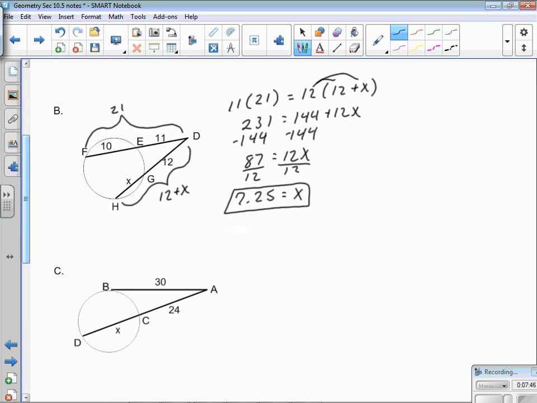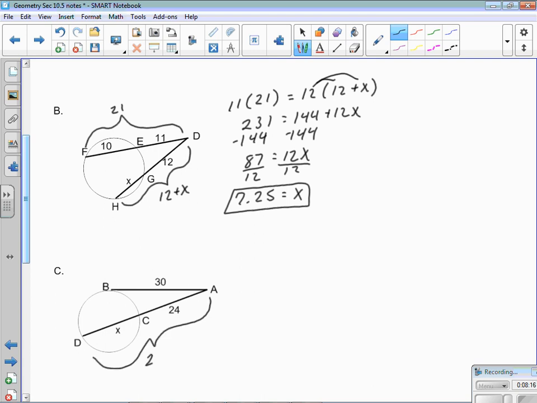Then C here, we got a tangent segment, which is AB, and the secant segment AD. In this situation, the outside part of the secant segment times the whole thing is supposed to equal the tangent segment squared.